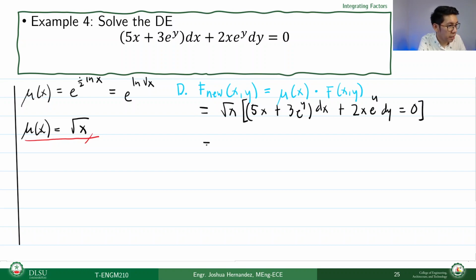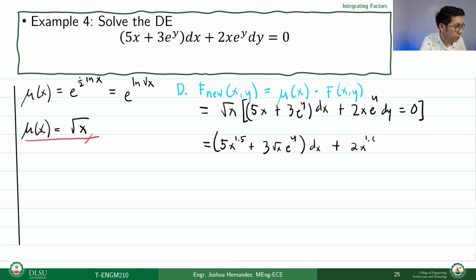Multiplying, we will have 5x raised to 1.5 plus 3 square root of x e to the y, dx, plus 2x raised to 1.5 e to the y dy, of course, equals 0.